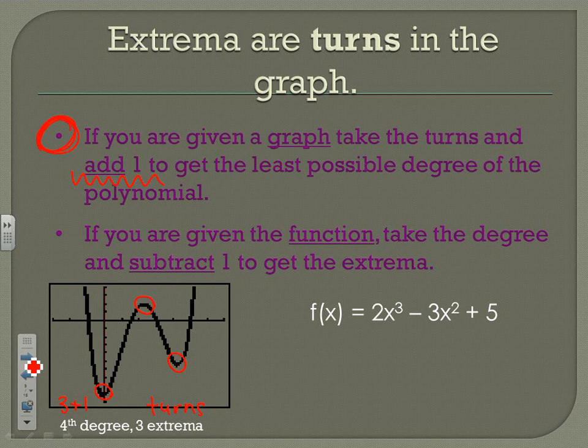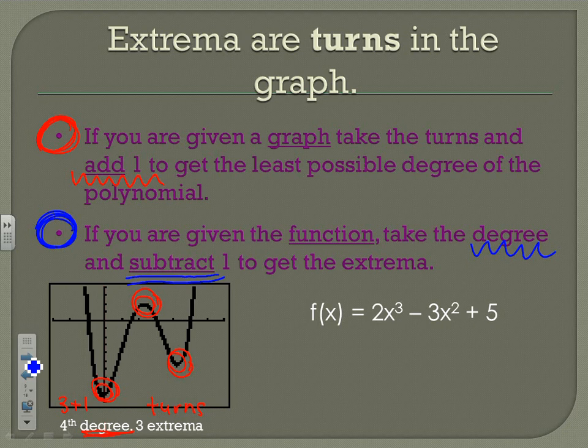So when you're given a graph, what you do is you count the number of turns that you've got, add 1 to it, and then you know the degree of that graph. Now, if we don't have a picture, if we just have an equation, then we need to use our second rule. It says if we're given that function, take the degree, which means your biggest exponent, and subtract 1 to get the extrema, to get the number of turns.